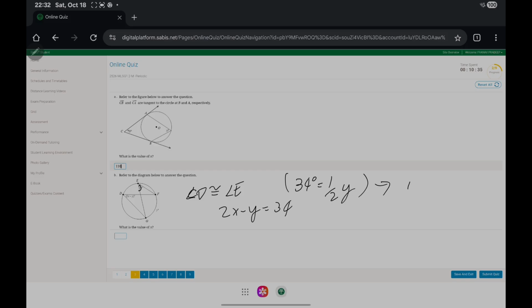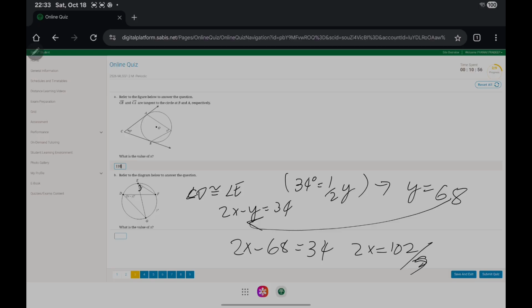So in this case, y equals 34 times 2, we get 68. Then you put 68 here, 2x minus 68 equals 34. 34 plus 68 gives you 102. Divided by 2 gives you 51.